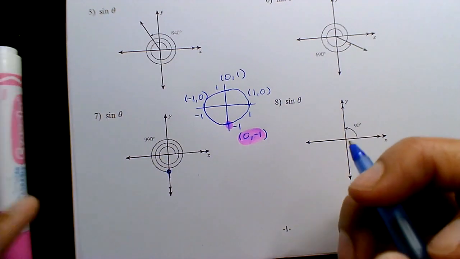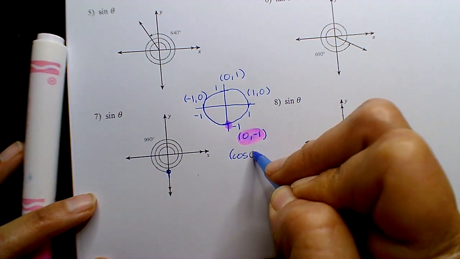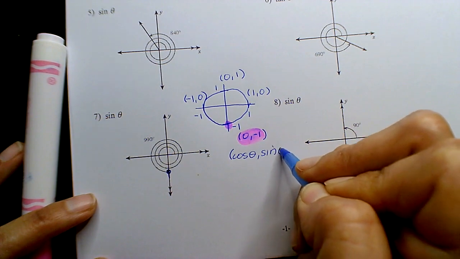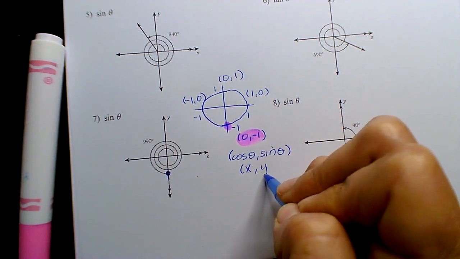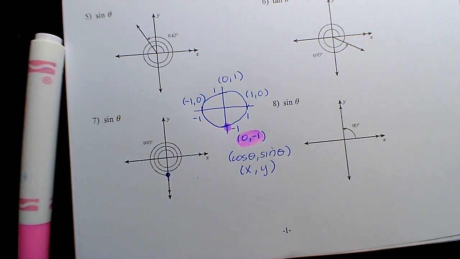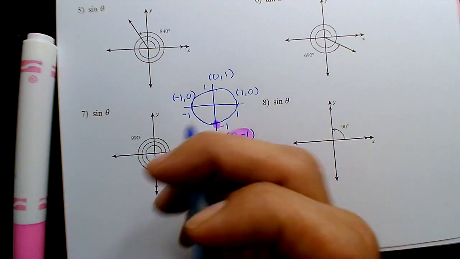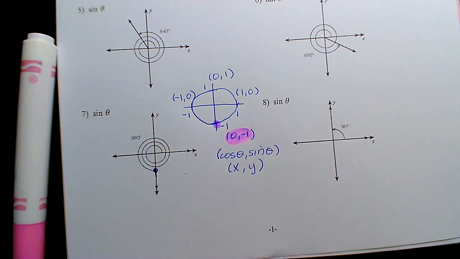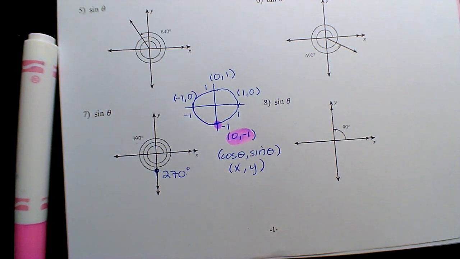If you look, cosine is the first, sine is the second. Think alphabetical, C before S, like X, Y, your components. So what is the sine of 990 degrees, which is really 270 degrees on 1 spin?